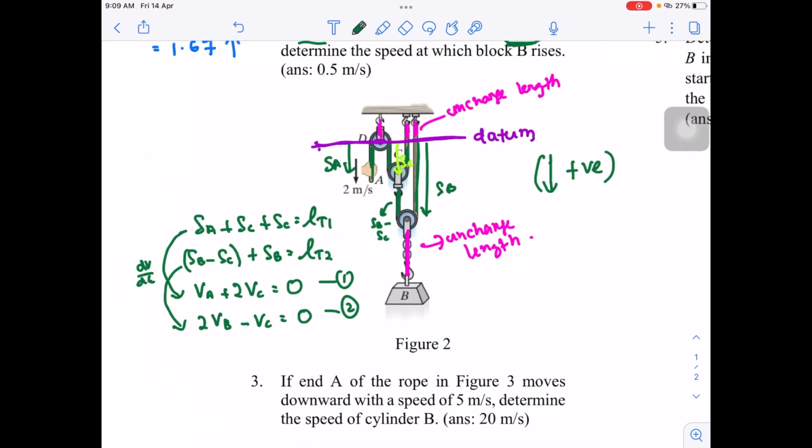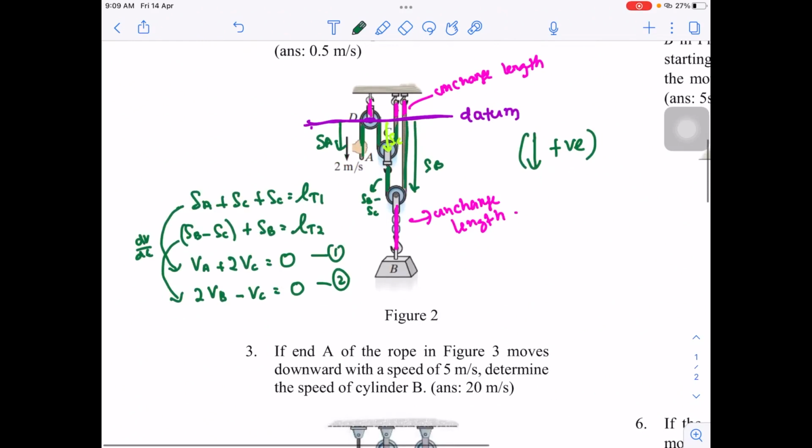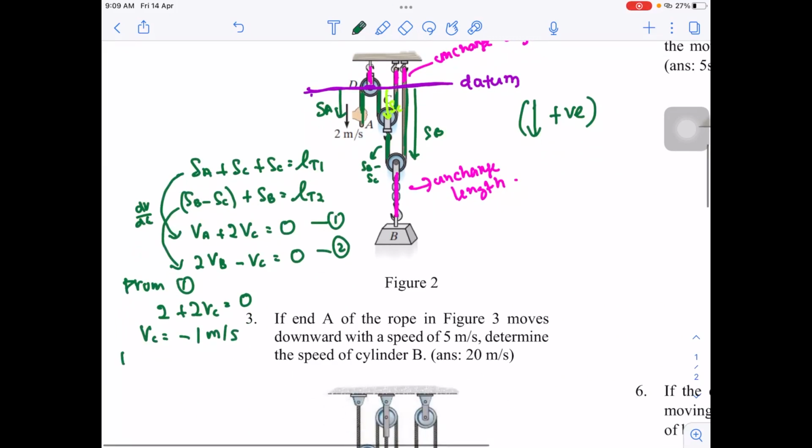So you masukkan from equation 1 you dapat 2 plus 2VC is equals to 0. So VC is minus 1. Okay. Ini solve simultaneous equation je.